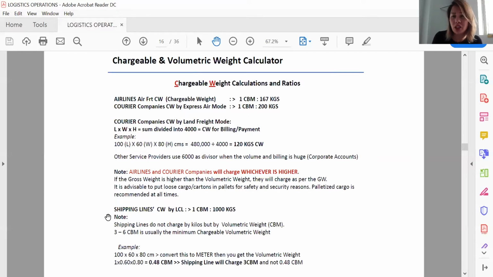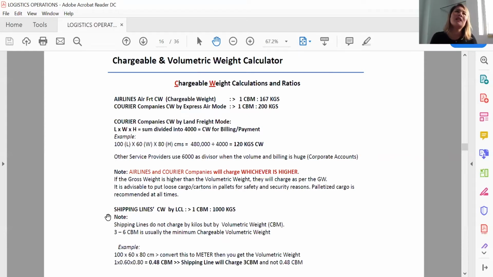That's the rule of thumb. They will always ask you for packing details, for cargo size, dimension. So don't be confused or irritated, because that's how they do it. That's how we do it. You cannot just say, I have 100 kilos, I have 1,000 kilos.